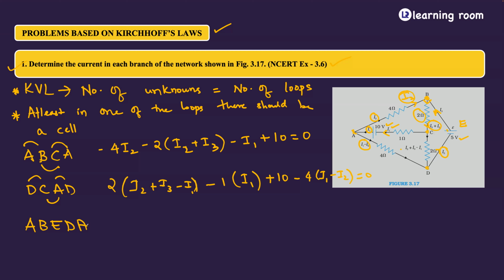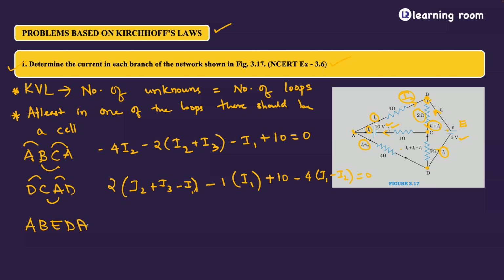Okay, now write it for ABEDA. It's very simple. 3 elements, 3 terms should come. ABEDA. So when you go from A to B, Catherine, you try.